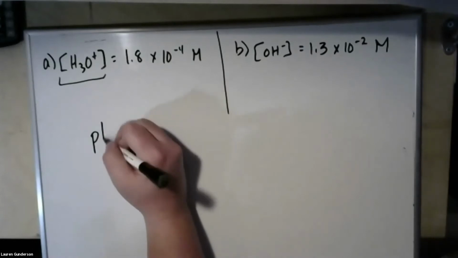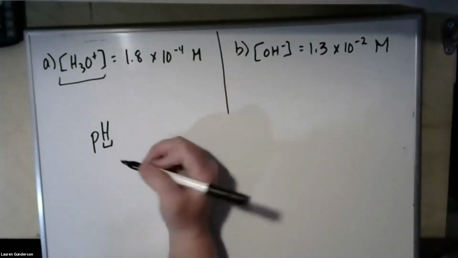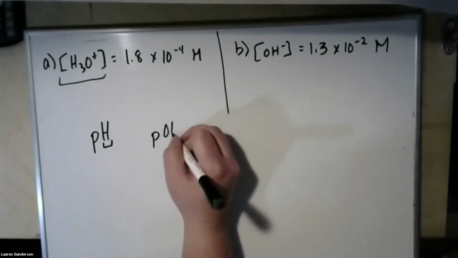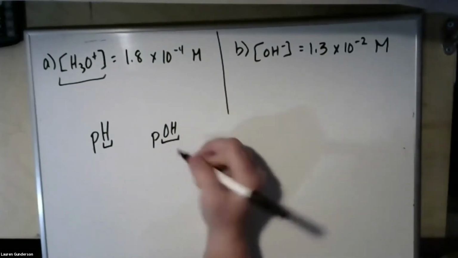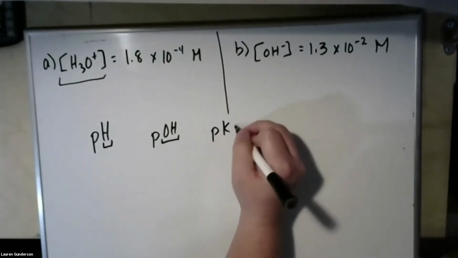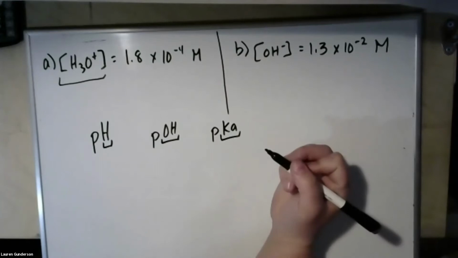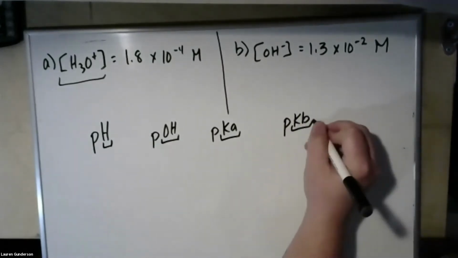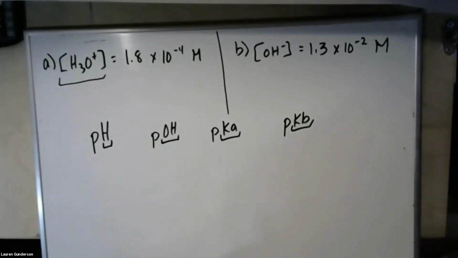So your pH scale is going to be related to your hydrogen ion concentration. Your pOH scale is going to be related to your hydroxide ion concentration. Your pKa scale is going to be related to your Ka value. And your pKb scale is going to be related to your Kb value.